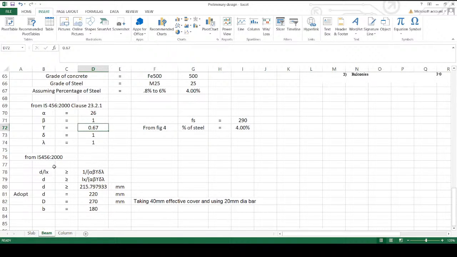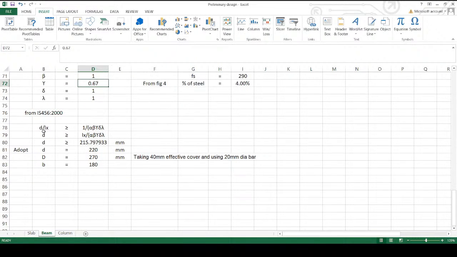Using d by lx is greater than or equal to 1 by gamma, we calculate d, and D must be greater than d, and D is greater than 150, that is 1 to 20, and small d is equal to D by 120 by 20.